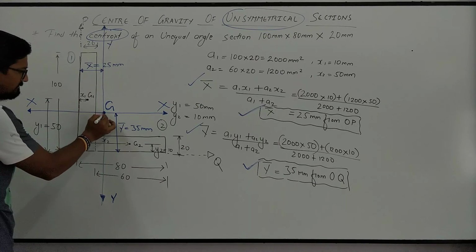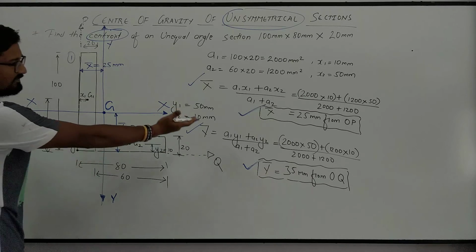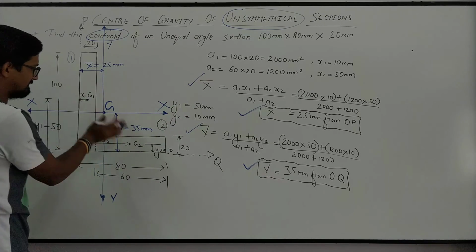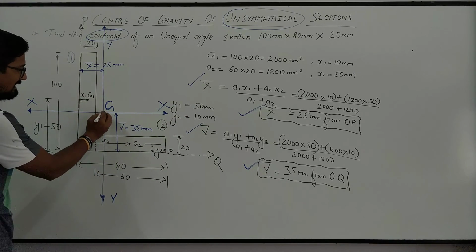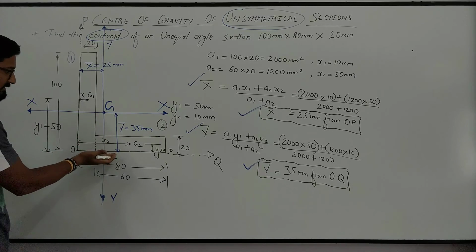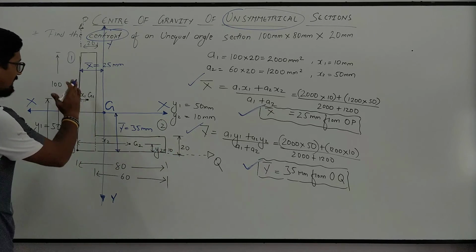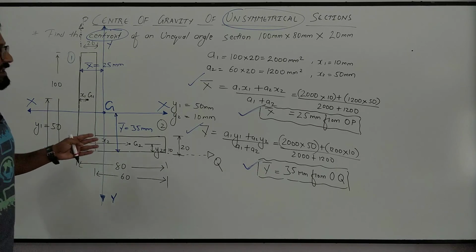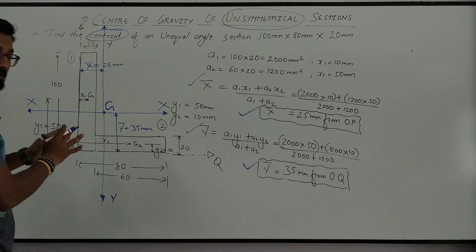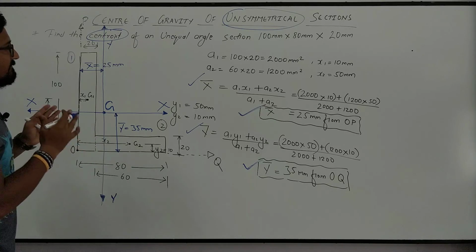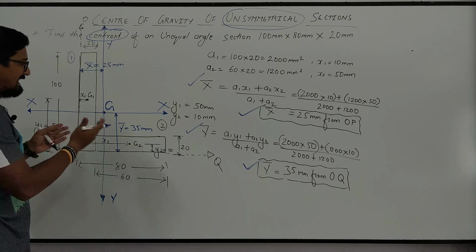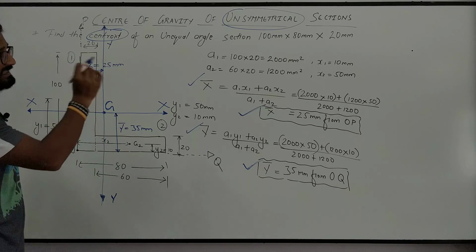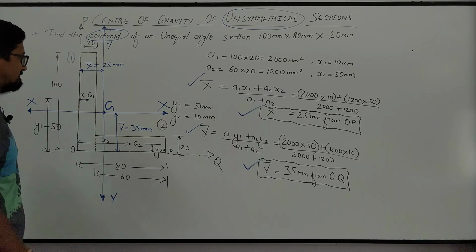It is possible because the value shows that the CG of this unequal angle section lies at this point, 35 mm from OQ and 25 mm from OP. So this is how we have to calculate x bar and y bar, or the location of the x and y axis, for unsymmetrical sections.